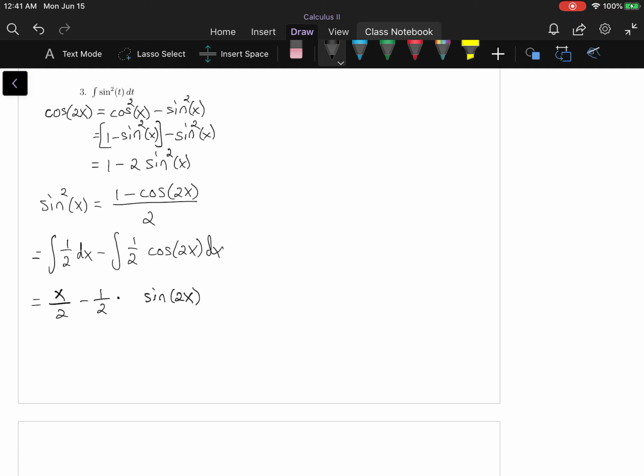But this isn't quite right, because if I check and I take the derivative of sine 2x, that's going to give me cosine 2x, and using the chain rule, the derivative of the inside, so that the derivative of 2x is 2.